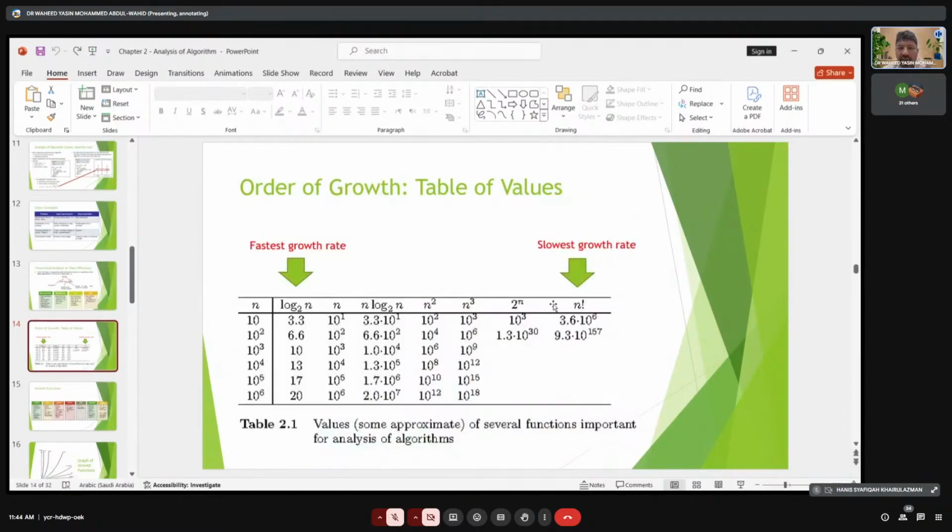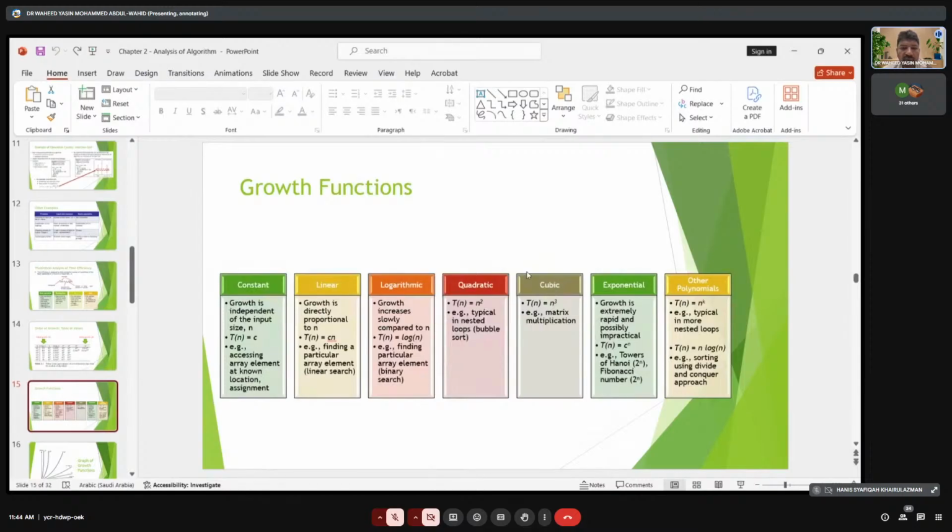Here are values of some functions important for analysis of algorithms. Here is the fastest growth, here the slowest growth rate. We do this one: constant, linear, logarithmic, quadratic, cubic, exponential, other polynomials.